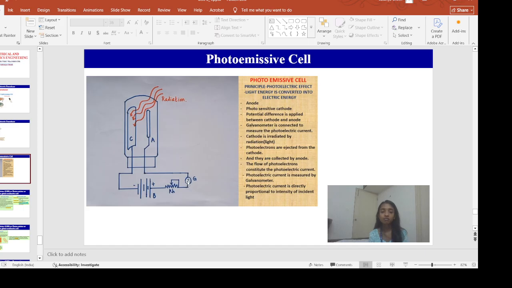That we can observe in the galvanometer. And this battery supply will be limited by the rheostat. So here the magnitude of the photocurrent depends on two factors. One is the intensity of the light radiation that is falling on this cathode. Second one is the supply voltage that we are giving through the battery.